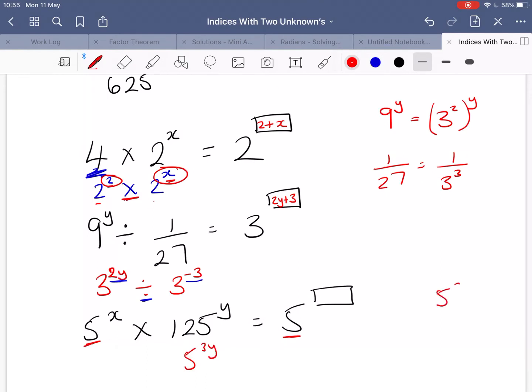Because remember, 5 cubed to the power y, what we do with these indices, we multiply them. So I've got 5 to the power x times 5 to the power of 3y. What do we do with our indices when we multiply? When we've got the same base, we add them. So it just becomes 5 to the power x plus 3y.